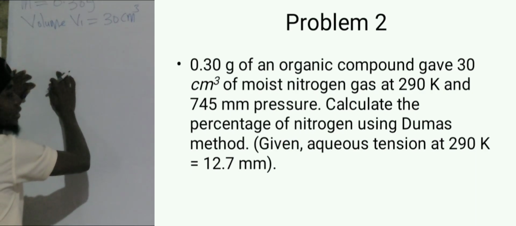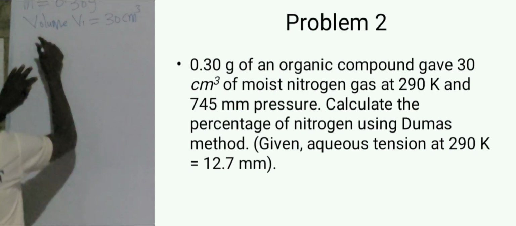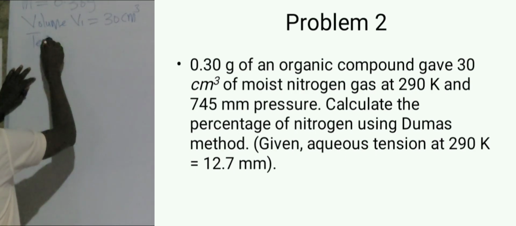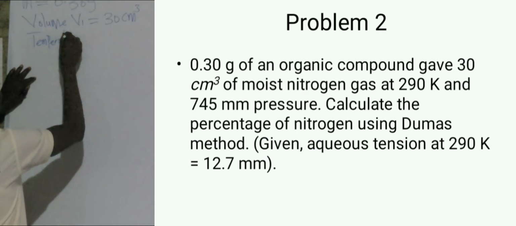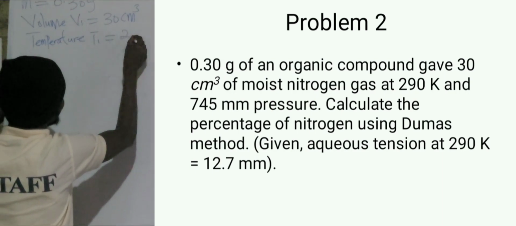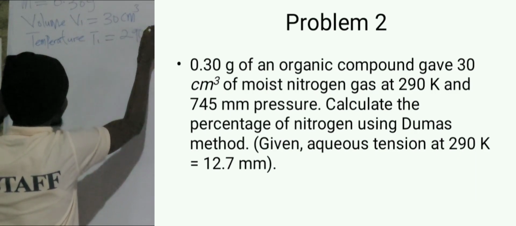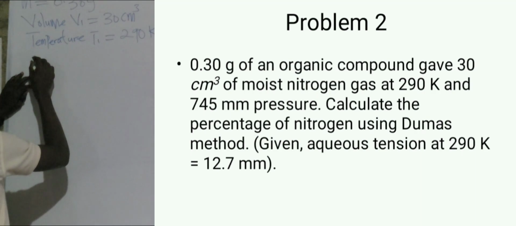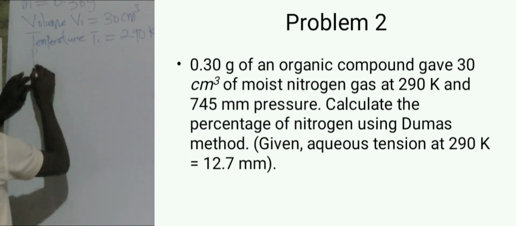At 290 Kelvin. That is the temperature. Temperature T1 is equal to 290 Kelvin, and 745 millimeter mercury pressure.